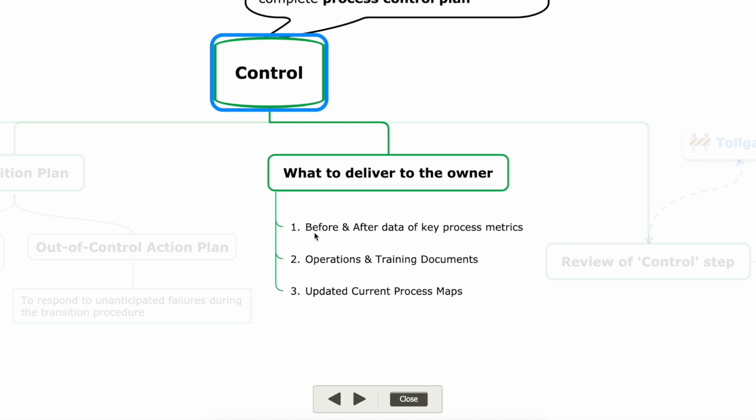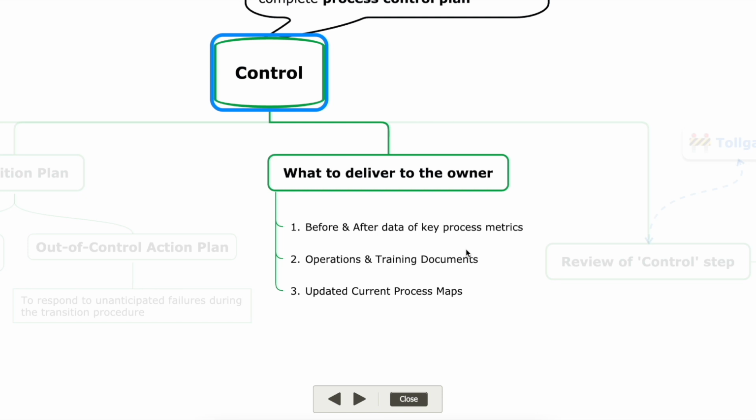The information we deliver, together with the process control plan and the transition plan, must include: the before and after data of the key process metrics, meaning what the performance was before and what it is after the application of the improved system; then operations and training documents, which detail all the operations and required trainings for this improved process; and updated current process maps.